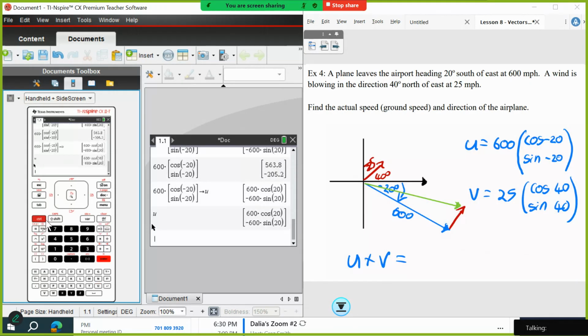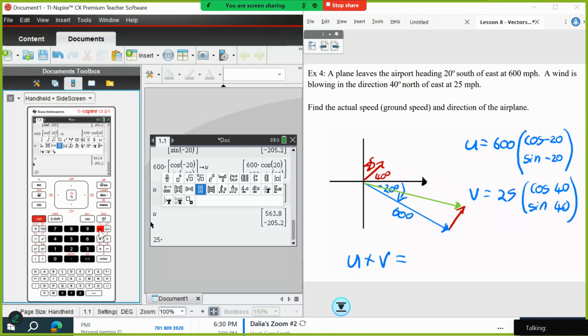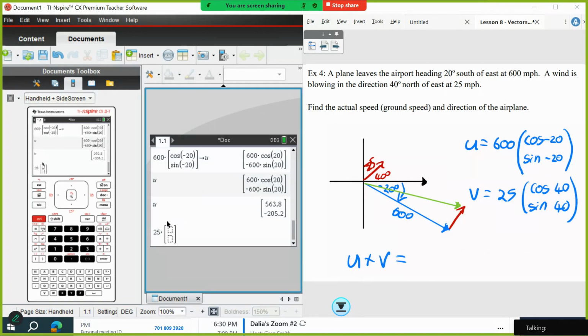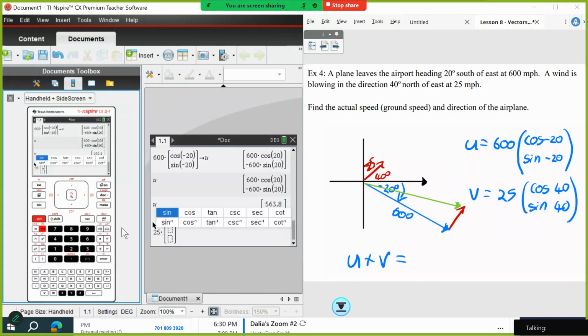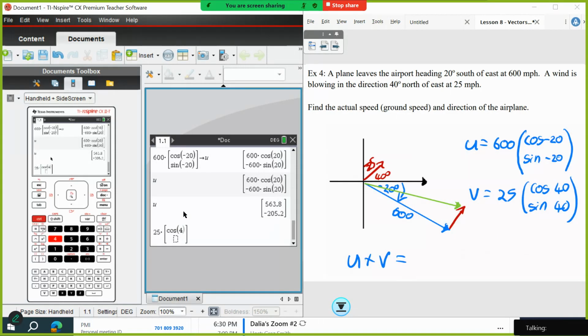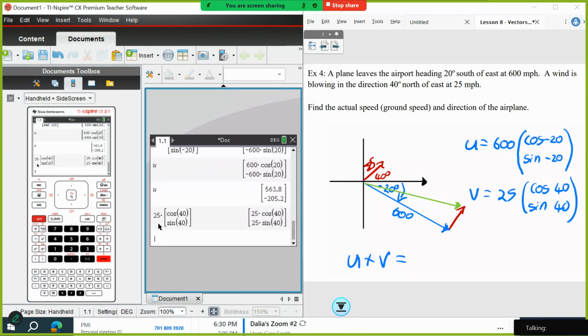It is now the new vector. We'll do the same for v. So 25 times, and then we can put in the cosine of 40 over the sine of 40. Storing that in v.